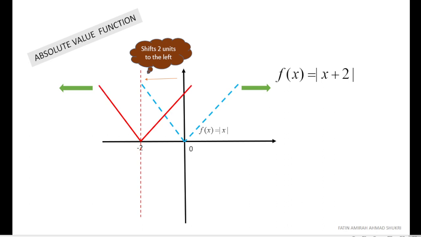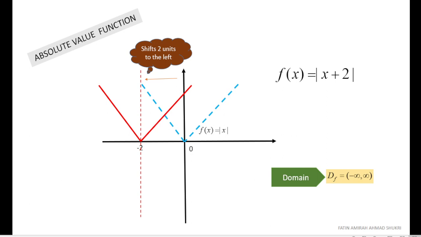Alright? Next we will find the domain. Okay, if you look at the domain here, it can take the value of any real number. You see the red points, they go to the left and to the right, all of them. So that means the domain is all real numbers. How about the range?